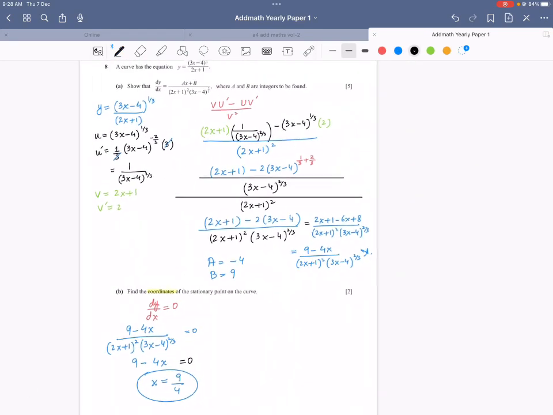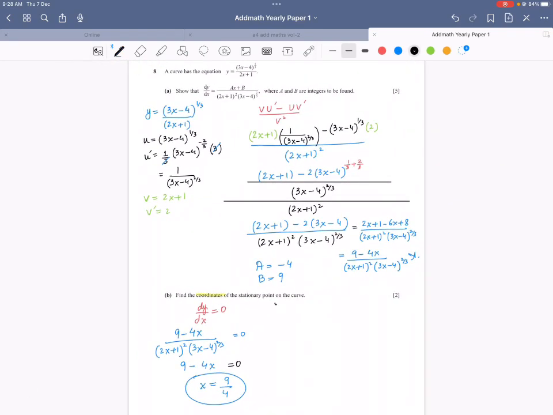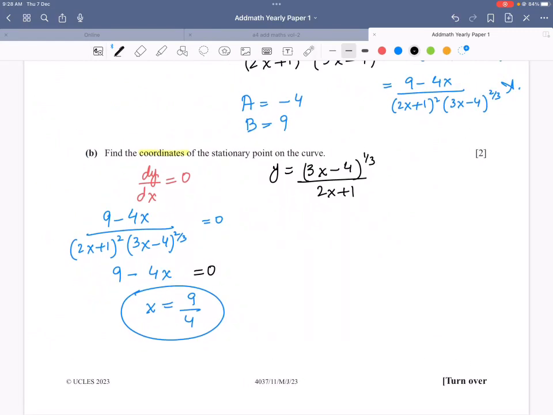So we have the equation for y, and y is equal to (3x minus 4) with the power 1 over 3 divided by (2x plus 1). Now you need to plug in the value for x. We found 9 over 4 for this equation. So it will be 3 times x minus 4 with the power 1 upon 3 divided by 2 times x plus 1. Instead of x, just place the value 9 over 4 here, and simplify.